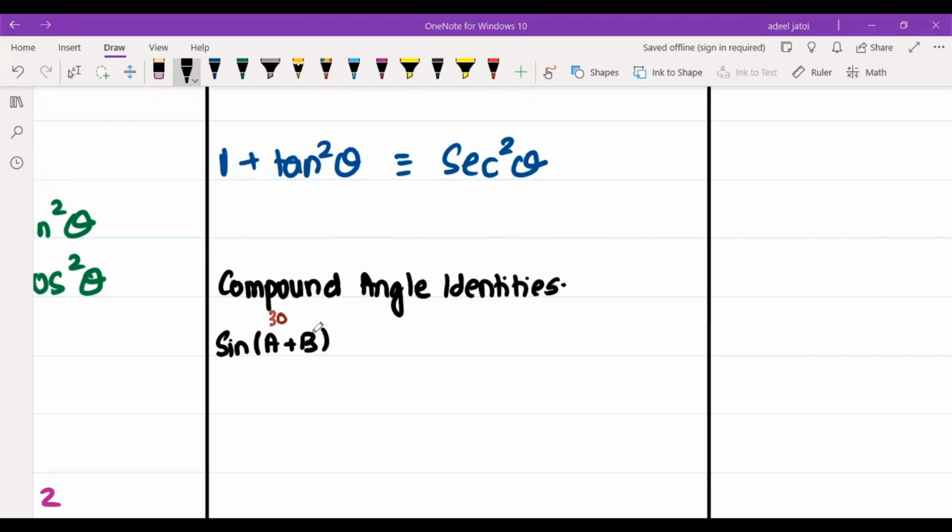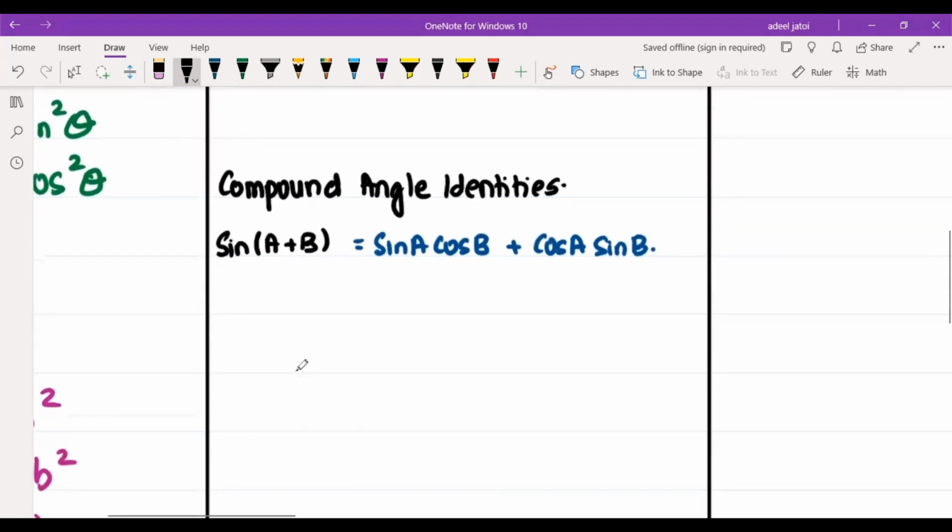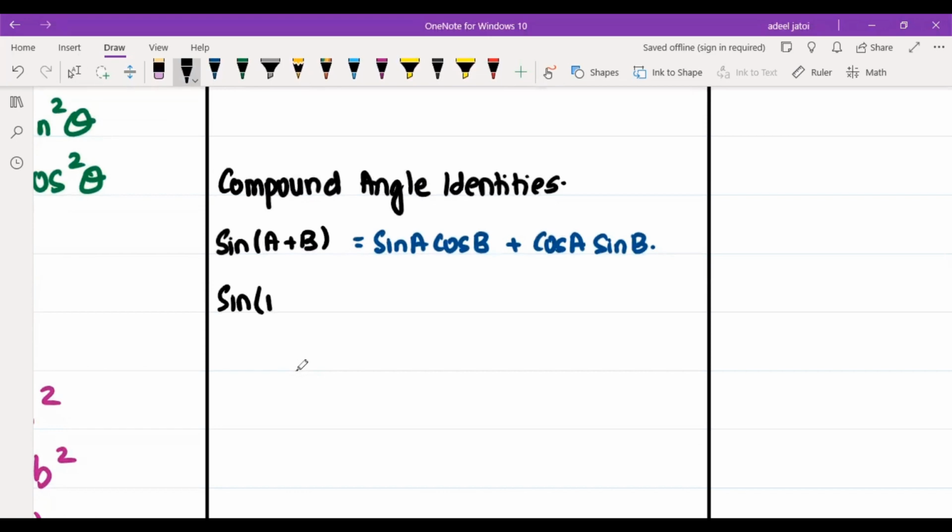We can replace this with the identity sine A cos B plus cos A sine B. Similarly, with the same compound angle identity, sine of A minus B can be written as sine A cos B minus cos A sine B. That means the identity is exactly the same, but the sign changes.